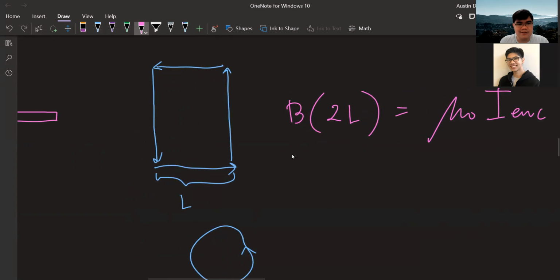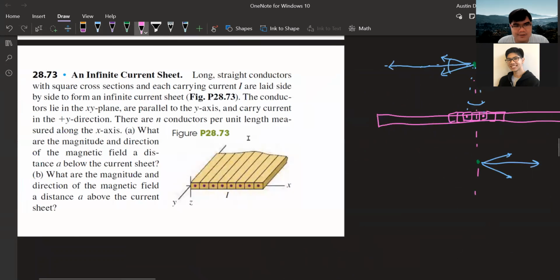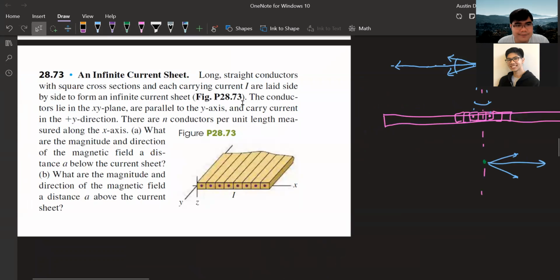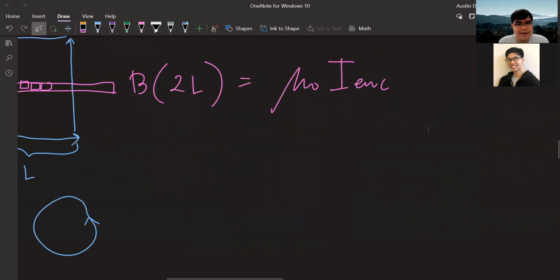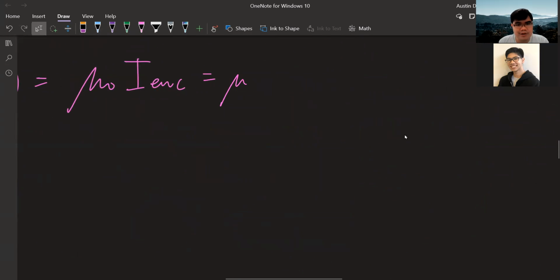So I enclosed would be the currents that enter this square, this rectangle. Okay, so let's look at what is given to us. There are n conductors per unit length. Then each conductor carries current I. Okay, so I enclosed is then I times the number of wires per unit length.